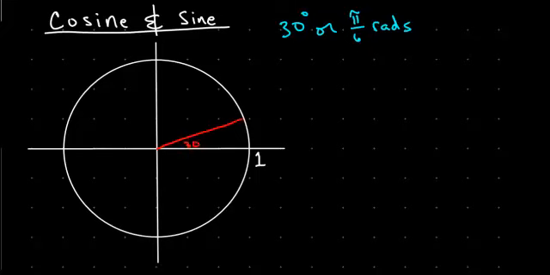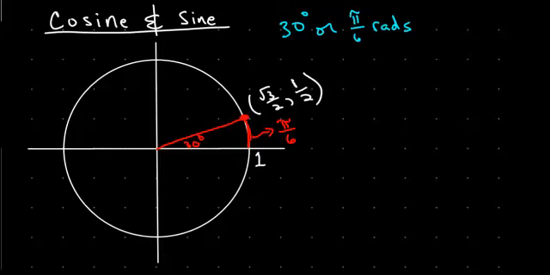So 30 degrees, or pi over 6 radians. We should know what that point is from earlier sections. That is over √3 over 2, up 1/2.